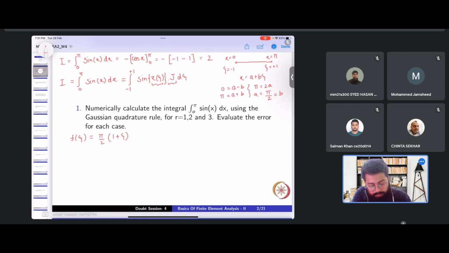And what is the Jacobian? dx by d zeta gives us pi by 2. And we know that this Jacobian is always equal to h by 2, the size of the element divided by 2.